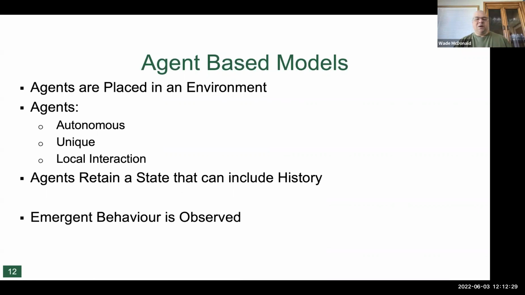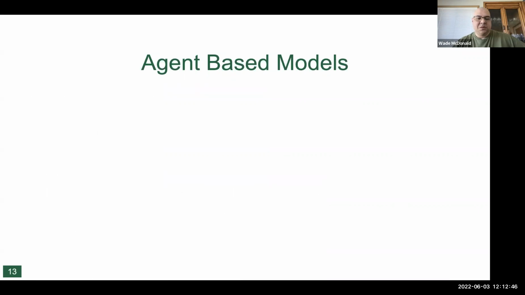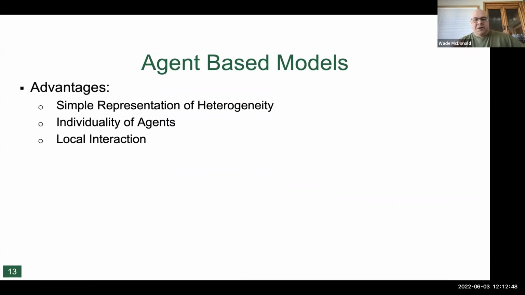So we construct the model with some relatively simple rules, and we want to observe behavior at the aggregate level that may be unexpected based on these rules. Some advantages of agent-based modeling is it allows a simple representation of heterogeneity.